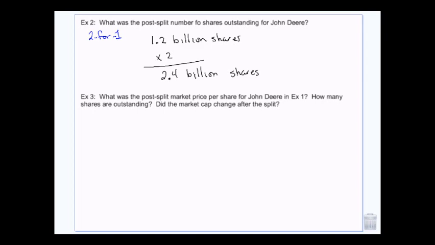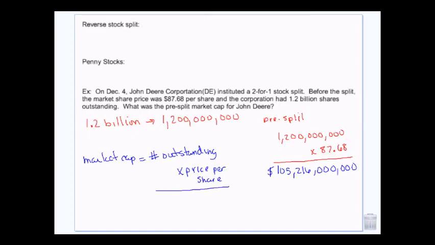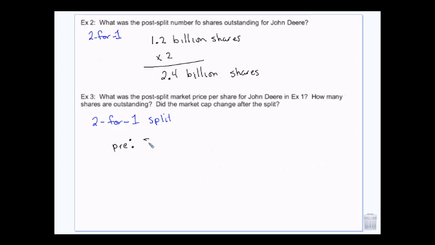The market price per share, okay. Again, a 2-for-1 split. Pre-split, they were 87.68 for 1 share.